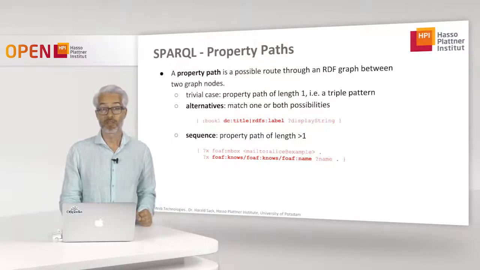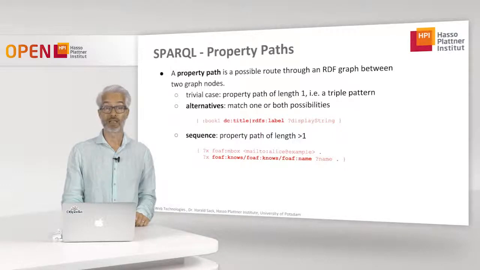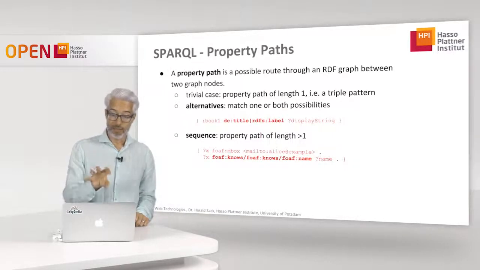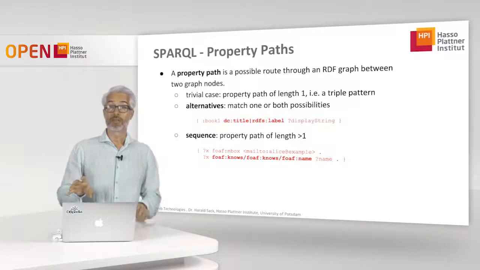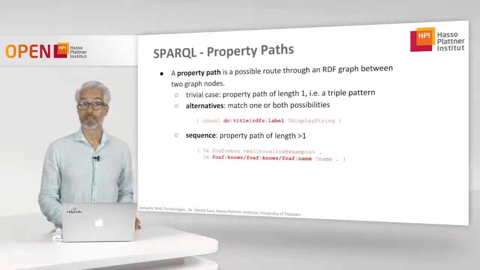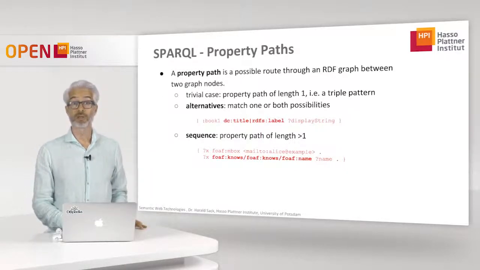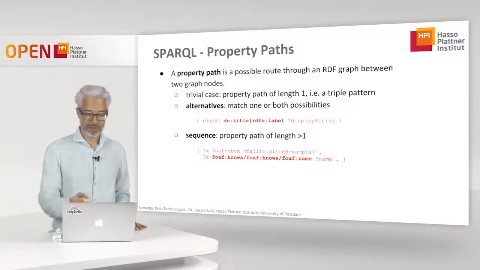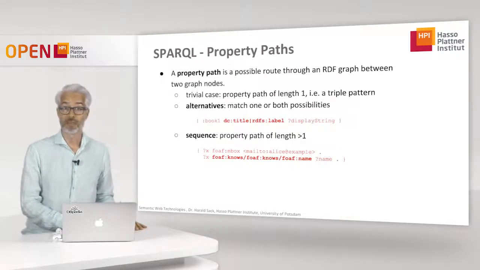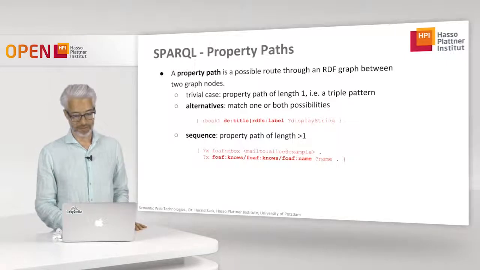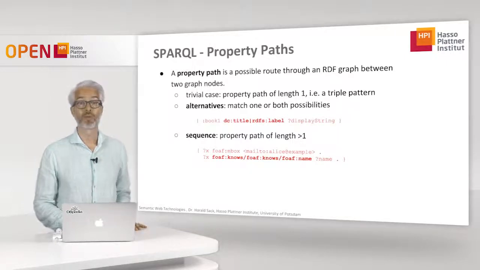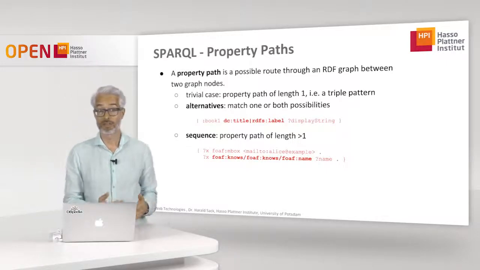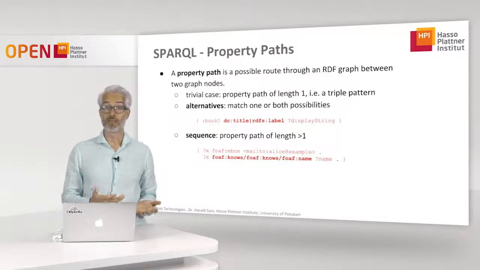And this property path can be of arbitrary length. So what is done here by the SPARQL processor is that the RDF graph is simply filtered for a property path that consists of these three distinct properties in this given property path. So this is quite interesting, but of course you could express this also with the already available means in SPARQL.